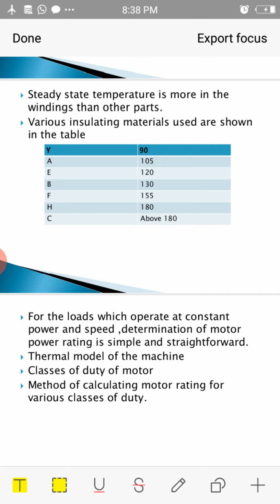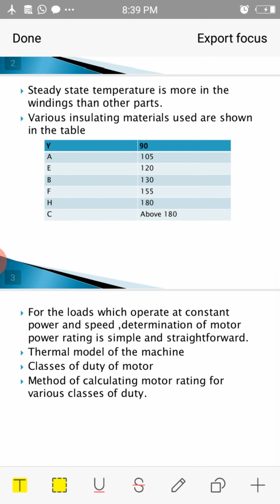There are various classifications of insulation, and depending upon the temperature we will use these materials. Class Y operates up to 90 degrees Celsius. Similarly, A operates up to 105 degrees, and similarly there are B, F, H and C. C has a very high operating temperature, above 180 degrees.